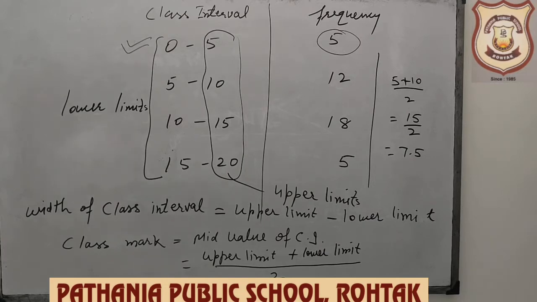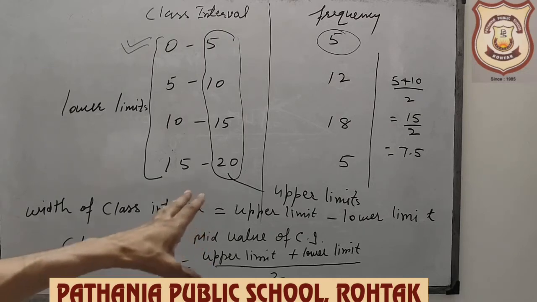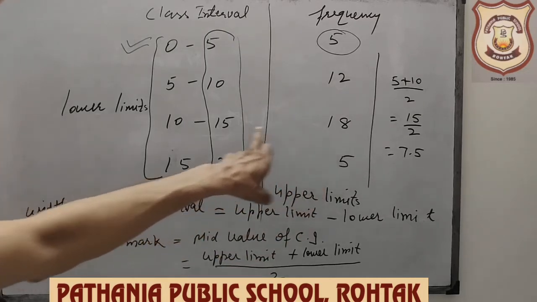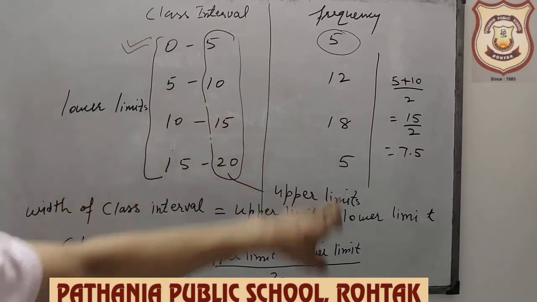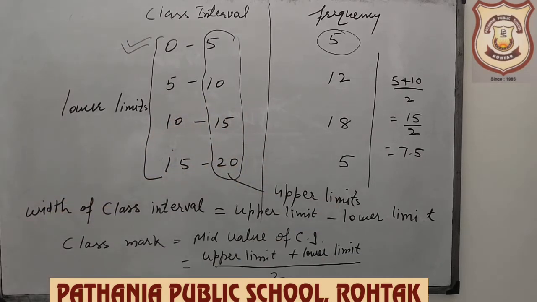So in this way, we can calculate the class mark, width of class interval, and other things also. Just like the frequency of this class, 10 to 15 is maximum. So he can also ask the question like this: which interval has the maximum frequency?